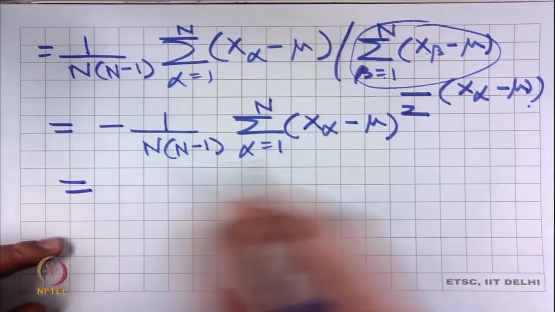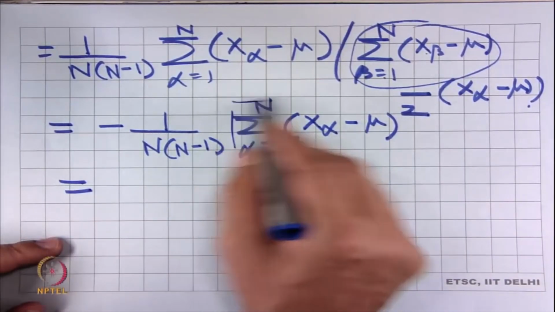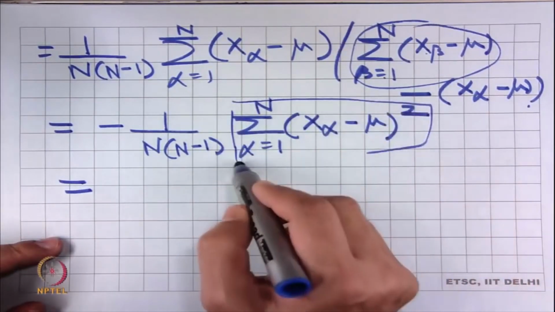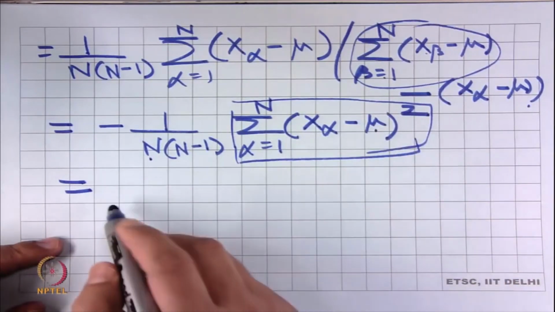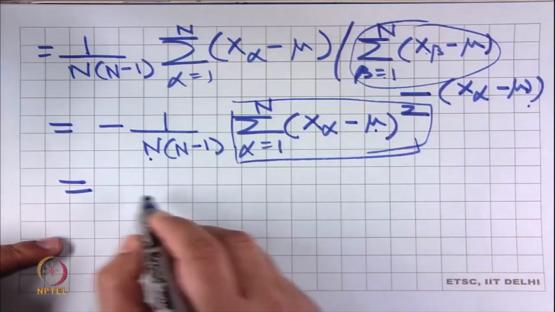And we know that the sum of square of the deviation from the mean divided by n is equal to sigma square.